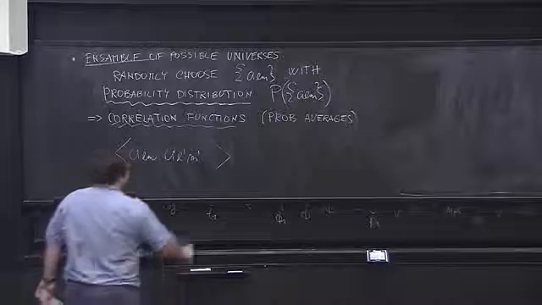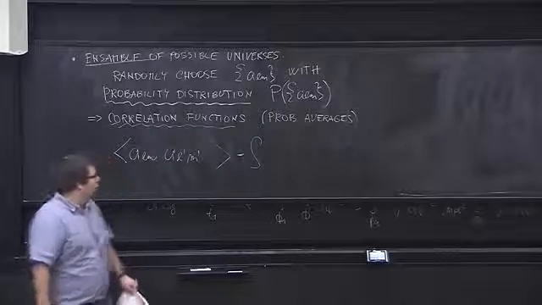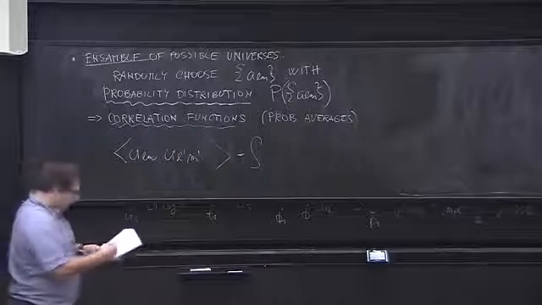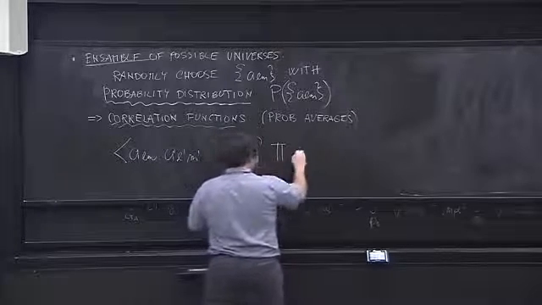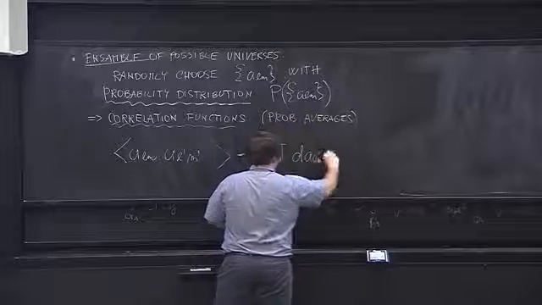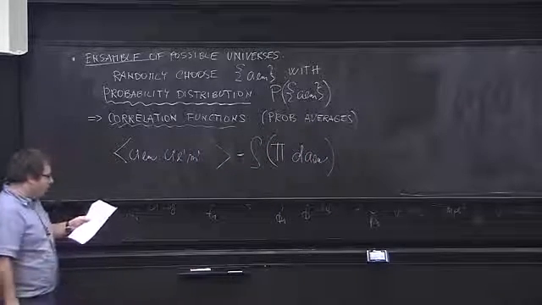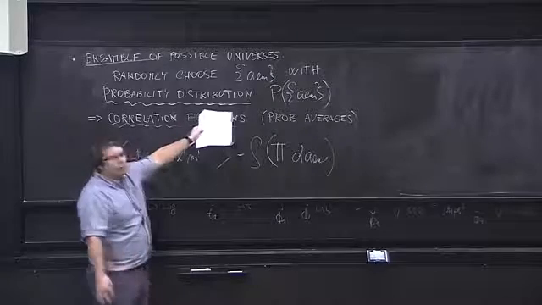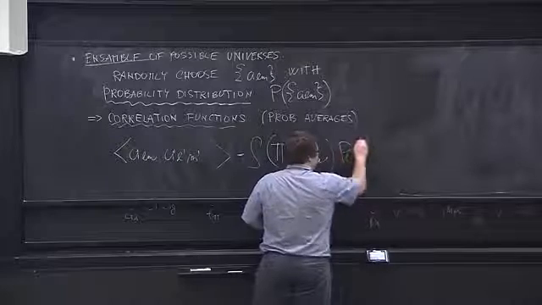Then this will be given by an integral over the measure. The measure is, of course, a product of D ALM over all possible ALMs. The probability also enters this measure, the probability of given ALM.